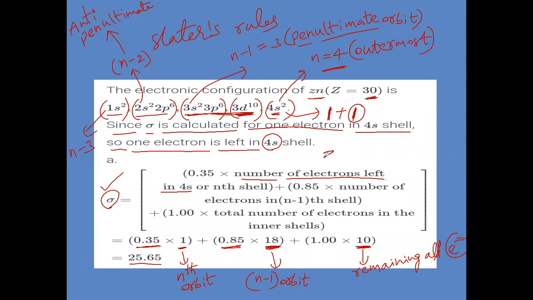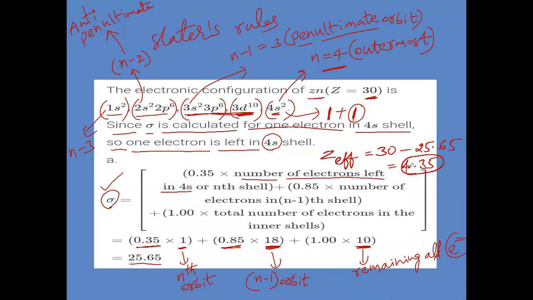Z effective is equal to the atomic number Z, how much? 30 minus the screening constant value we got here, 25.65. That equals how much? 4.35.